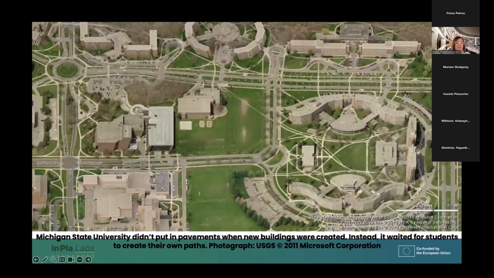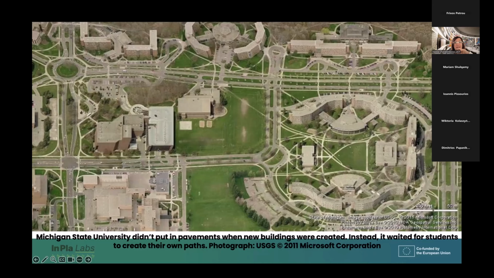And this is another very interesting example in Michigan, where in this university, the university didn't put in pavements when the new buildings were created, and instead they waited for students to create their own paths. So you can see that these paths were not actually designed from the beginning, but these were created by natural movement of the students.